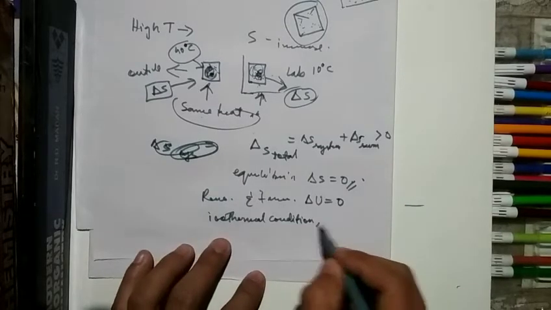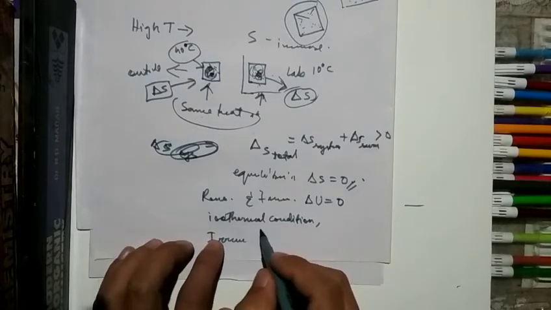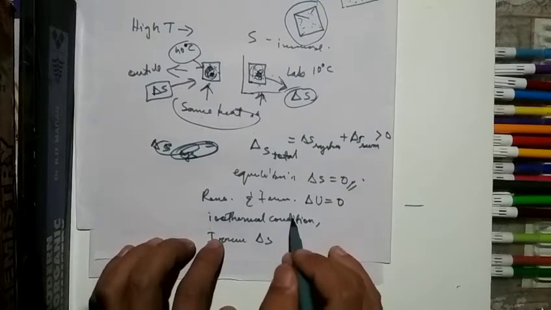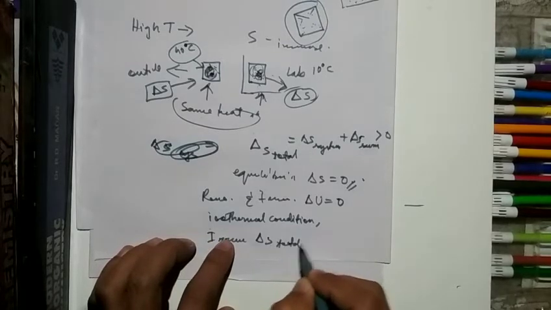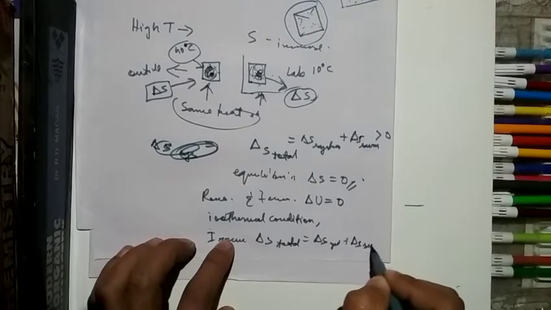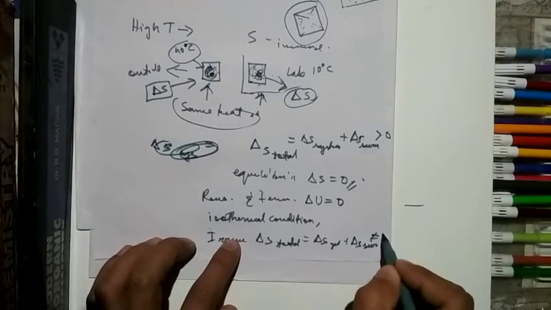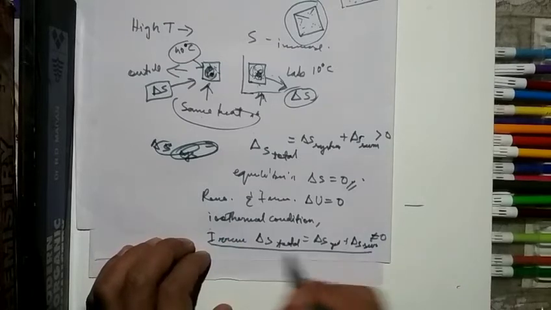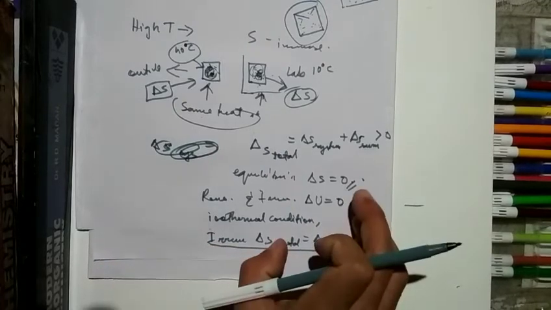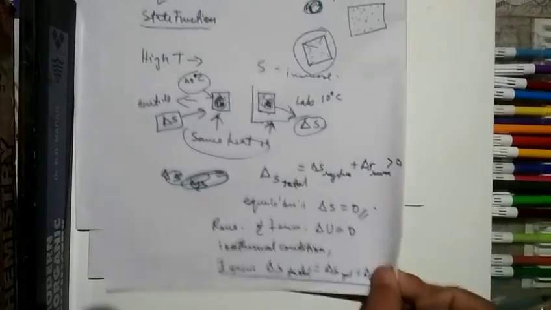But for an irreversible process, delta S total, delta S system plus delta S surrounding, is not equal to 0. It is 0 only for reversible. When irreversible, we will see some randomness, which is why it is not equal to 0.